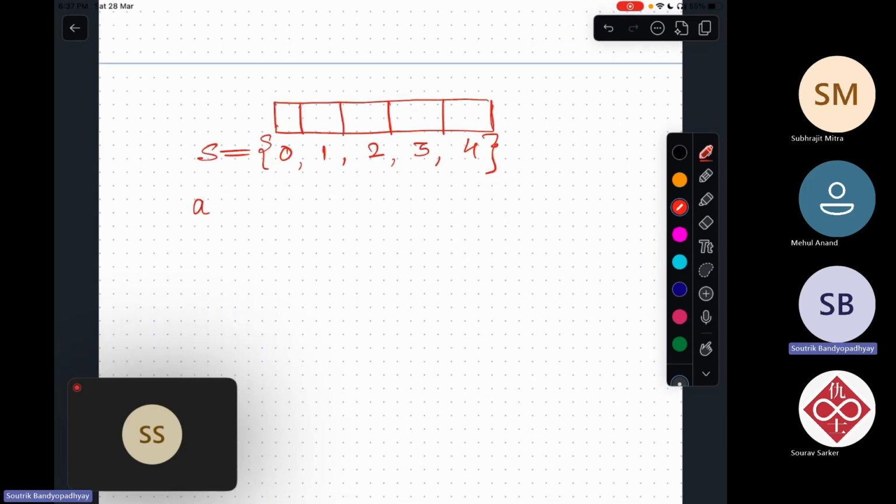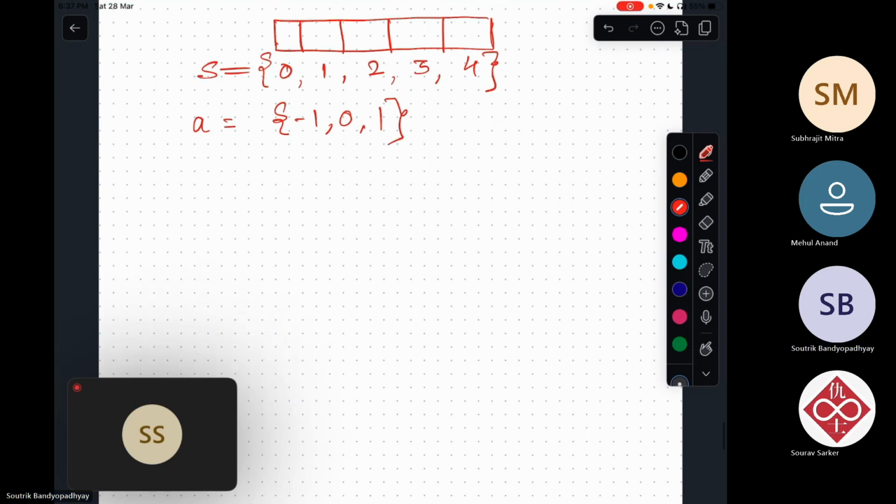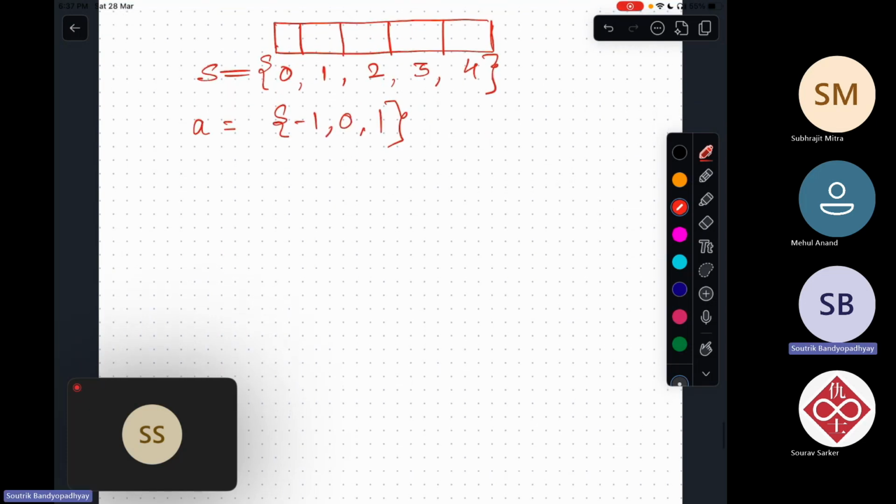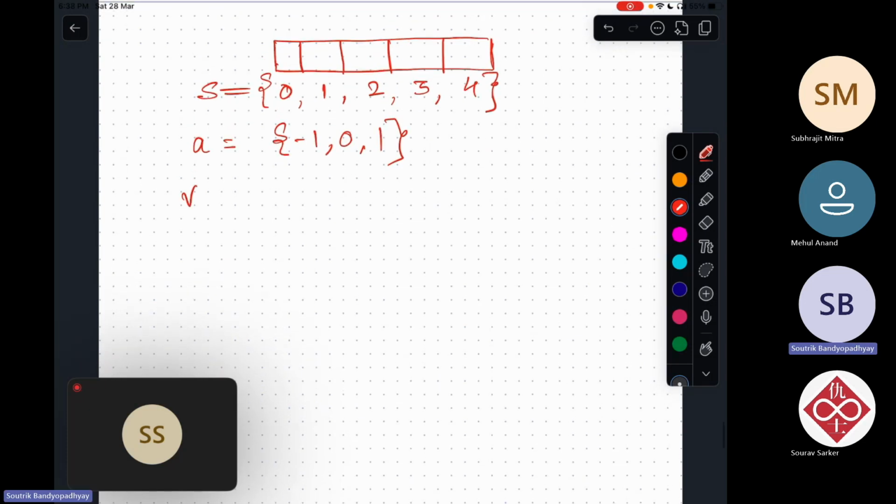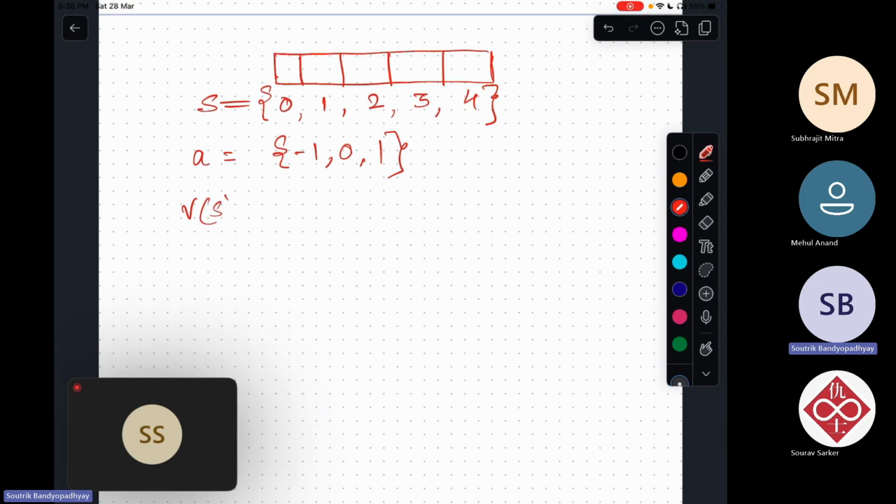And the actions, let's say, are -1, 0, and 1. Now, if I had the values of the states, all of these values could be represented by a list of numbers. So suppose this state S at 0 had the value of, let's say, 5, 4, 3, 2, 1. Let's say this is the setting that I am working with.